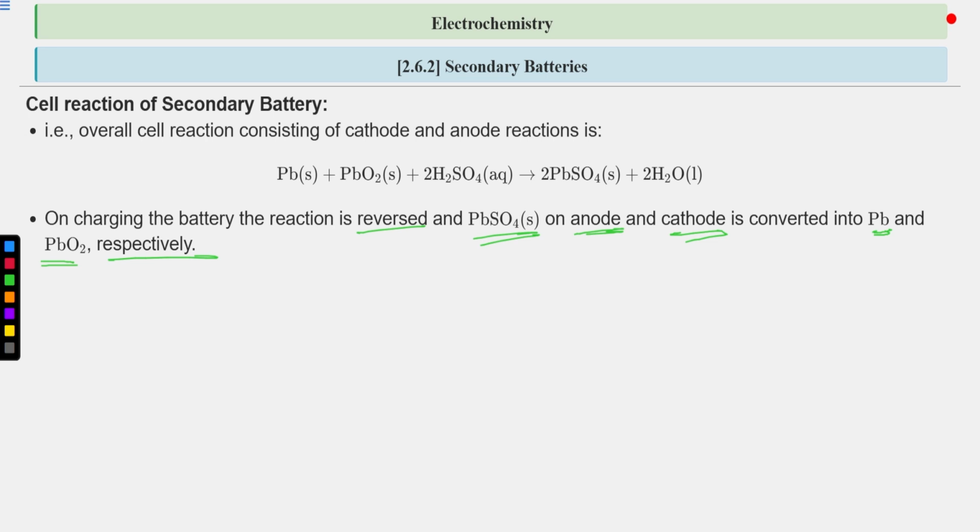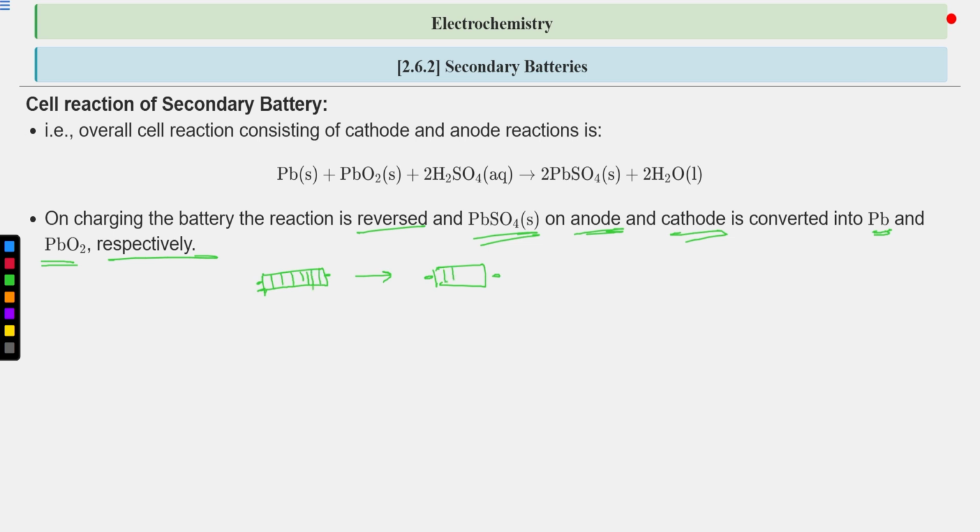Try to understand, if we have a cell or a battery, and it is discharging, it has some maximum power. Discharging means it is undergoing a process where the battery power is decreasing.